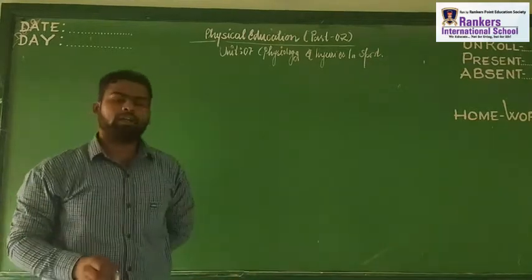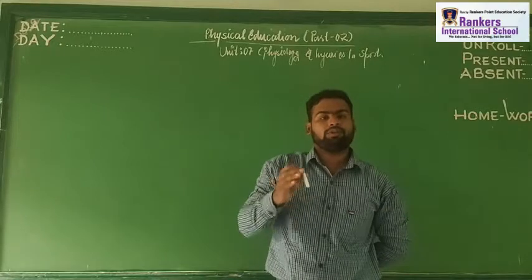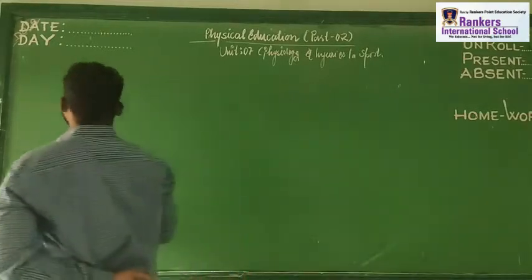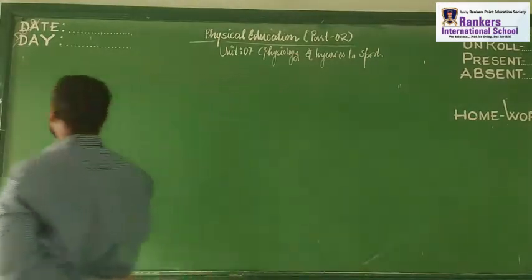So today we are going to deal with the topic called physiological factors which affect endurance. It means what are the physiological factors we need to keep in mind when we are enhancing our endurance. So let's write the topic in your notebooks.